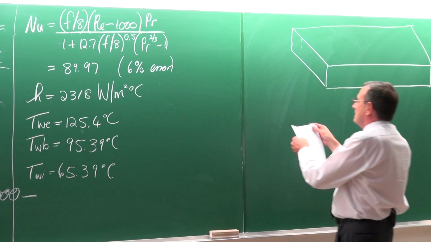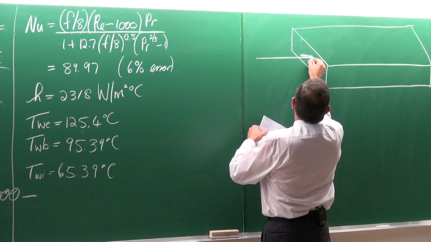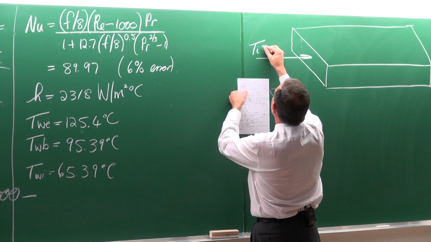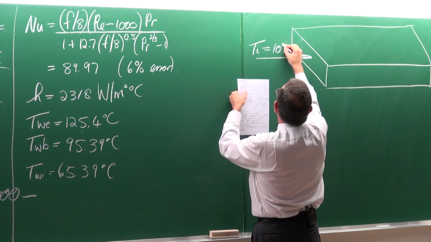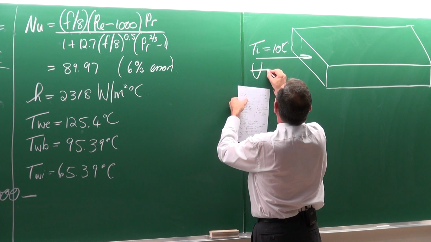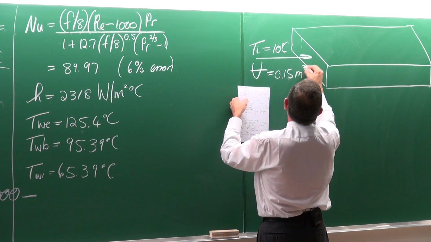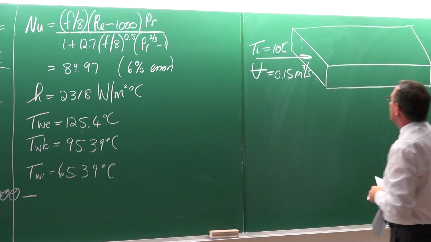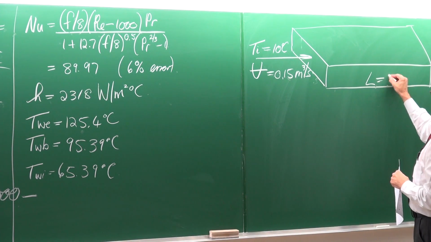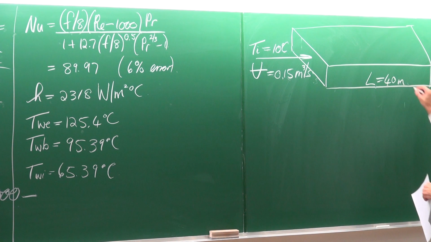Okay. And in this air conditioning channel, the chilled air temperature is 10 degrees Celsius, and the volume flow rate is equal to 0.15 cubic meters per second. The length of this duct is 40 meters, so it is quite long.